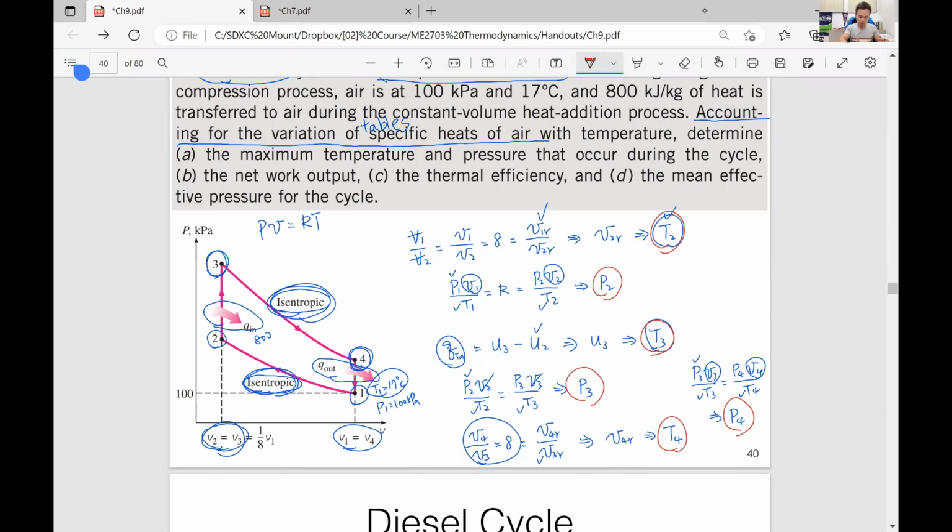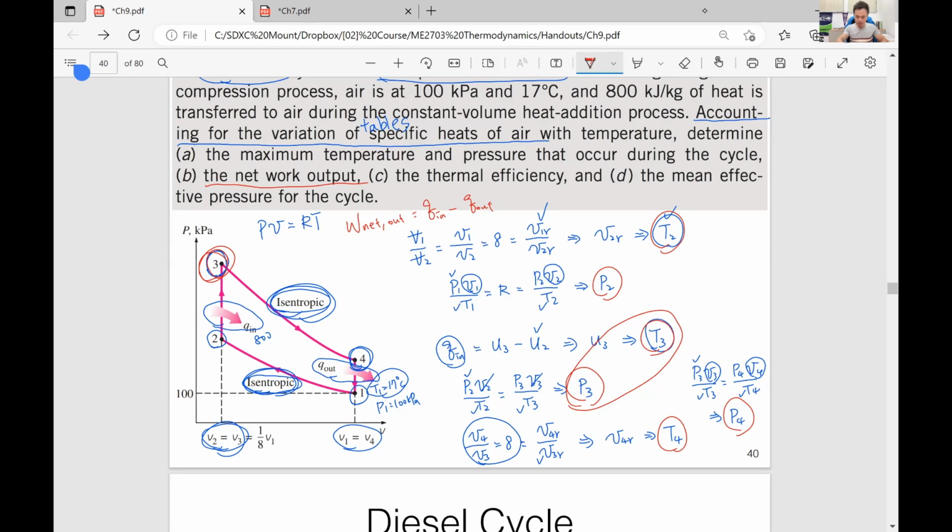Of course, at state 3, T3 and P3 will be the maximum. And the net work output, like I just mentioned, is Q in minus Q out.